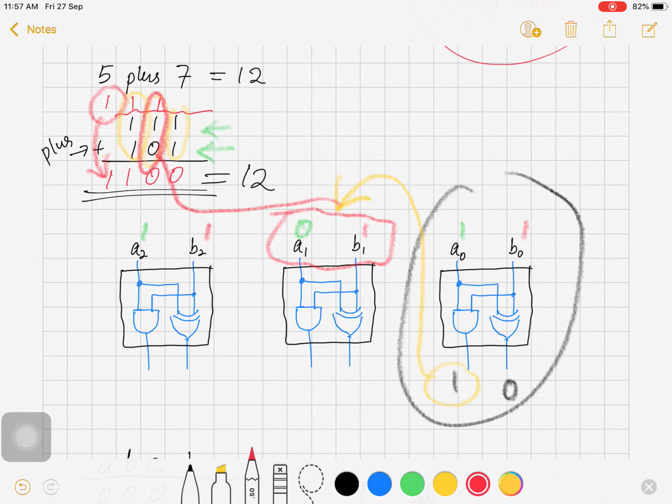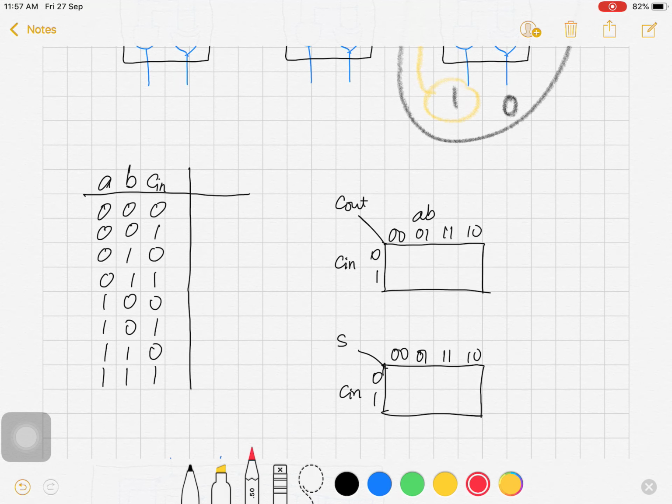Okay, now the truth table of the new adder should be like this. Its inputs are A, B, and carry in. Thus, we have 8 possible combinations between the inputs. The output, let's again call it Y, is the sum of these 3 variables, A, B, C in. So the first row gives 0 plus 0 plus 0, which is 0, and then 1, 1, 0 plus 1 plus 1, 2, 1, 2, 2, and finally 1 plus 1 plus 1 equals 3.